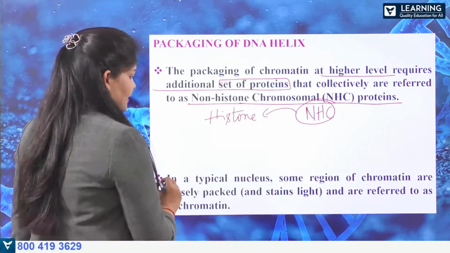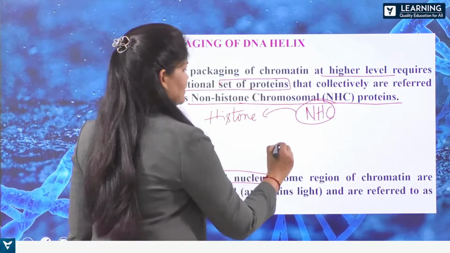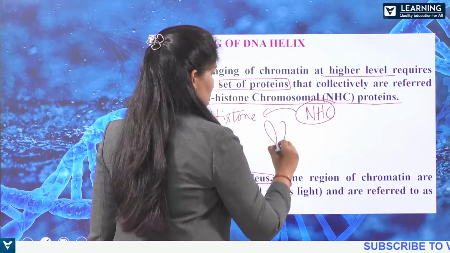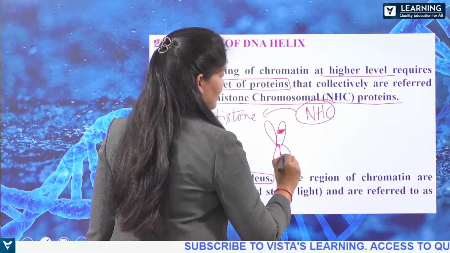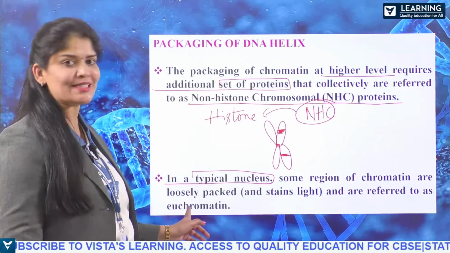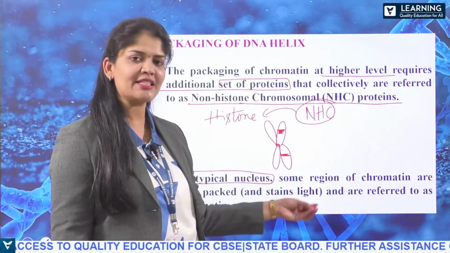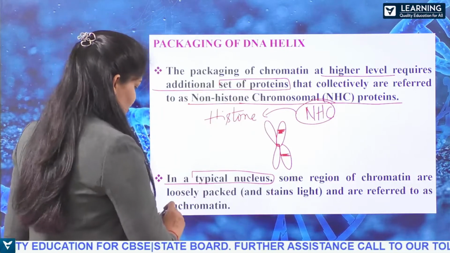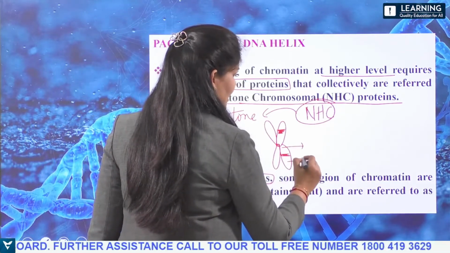Now, in a typical nucleus, some regions of chromatin are loosely packed and they are stained very lightly. That means light in color. And those regions, we call it euchromatin.